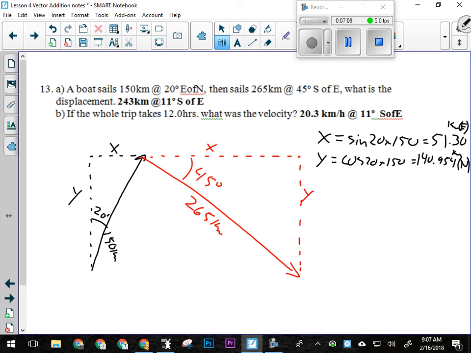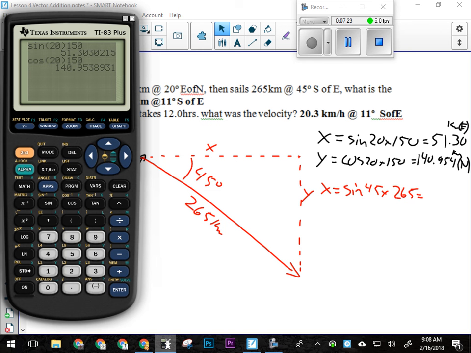It's kilometers as well. Okay, same thing for our red triangle. Red x is our adjacent side, so red x will be sine of 45 times 265, which is 187. So I was right to draw it. Sorry, that's x. And it's also y.